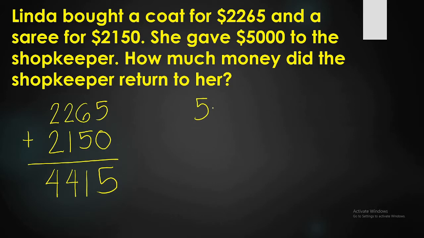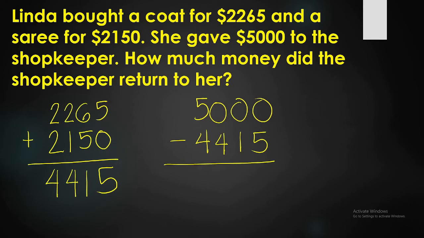Why do you subtract the 5,000 and 4,415? Okay, so how much is the difference now?